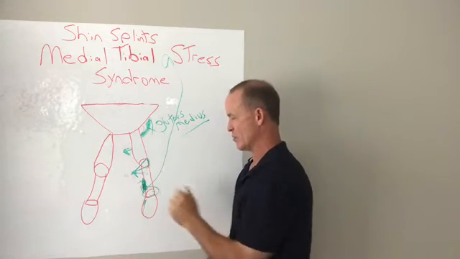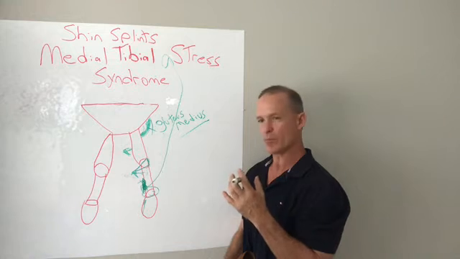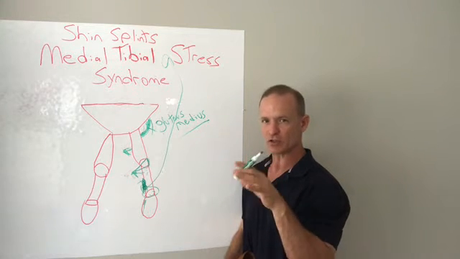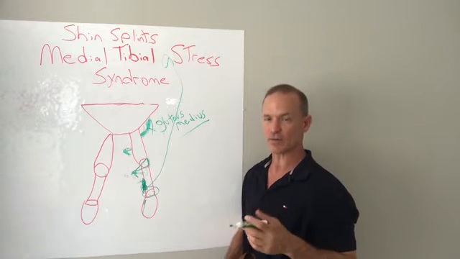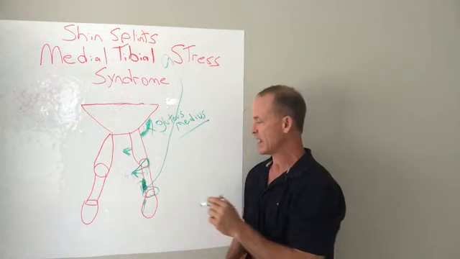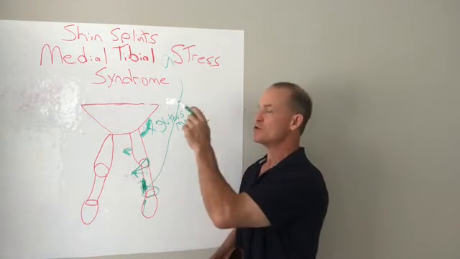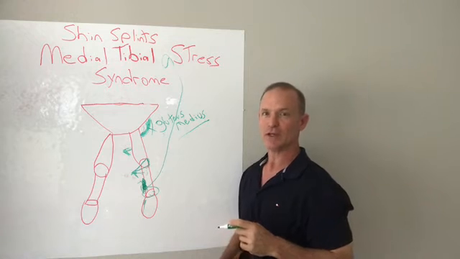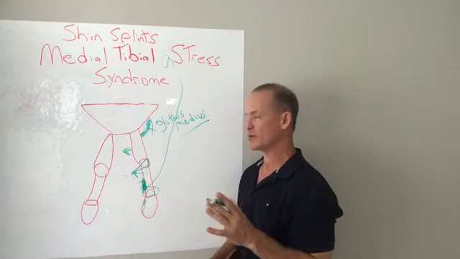And there again, we have those muscles and tendons trying to support us within a movement that is too excessive and done repetitively, like a lot of runners are doing consistently. It's going to cause breakdown in this area, and it's going to cause the pain, and that's where you get your shin splints from.